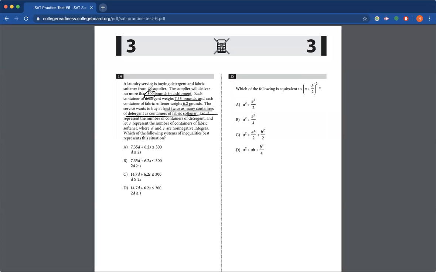We know one detergent weighs 7.35 pounds. Let's multiply that by D, so this is the total amount of pounds all the detergents weigh. Let's do the same thing with the fabric softeners, and this is the total amount of pounds the fabric softener weighs. This can be no more, so this has to be less than or equal to 300.